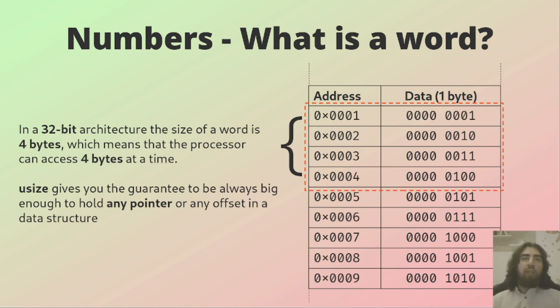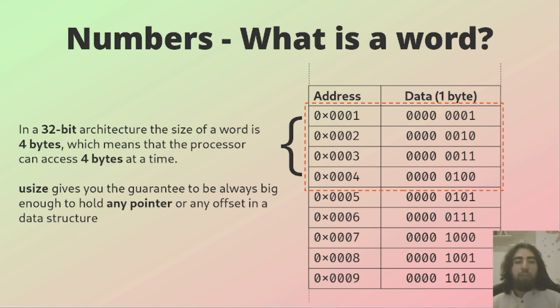And what you have to take from this is this statement over here. Usize gives you the guarantee to be always big enough to hold any pointer or any offset in a data structure. So the usize type can hold memory addresses which can point to any location in computer memory.